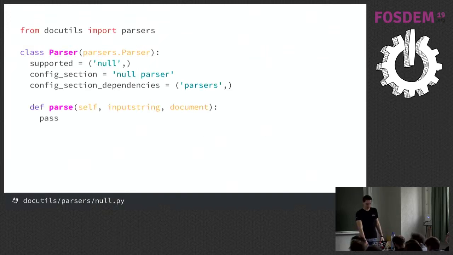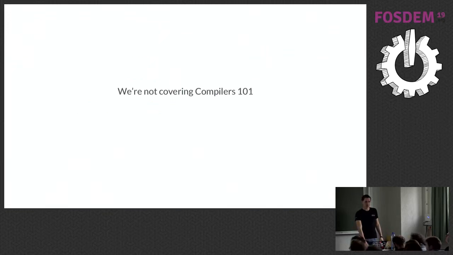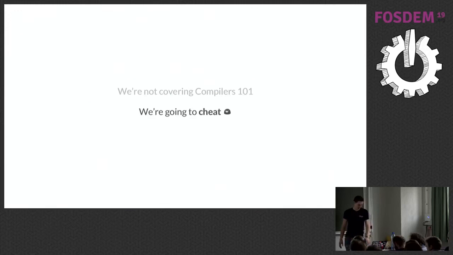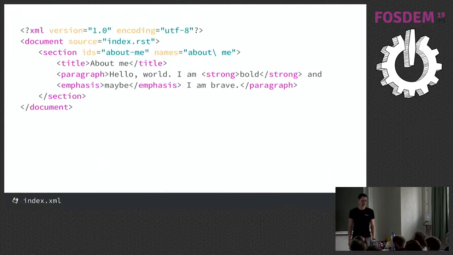I'm not going to go into how you parse documents because that is a 2-hour class by itself. What we're going to do instead is cheat. We're going to take the output of the rst2xml tool, and we can simply pass that back in and regenerate the docutils document model that we wanted.